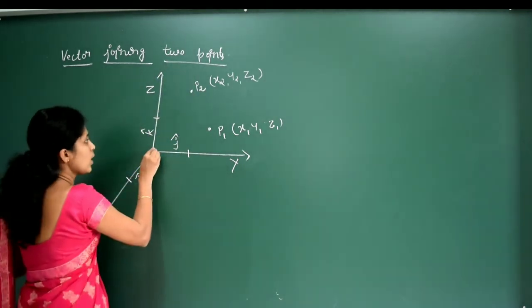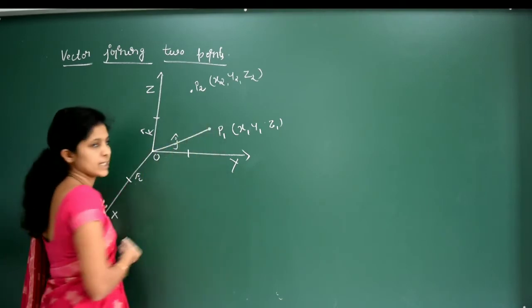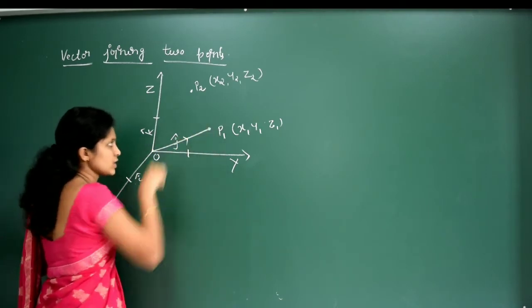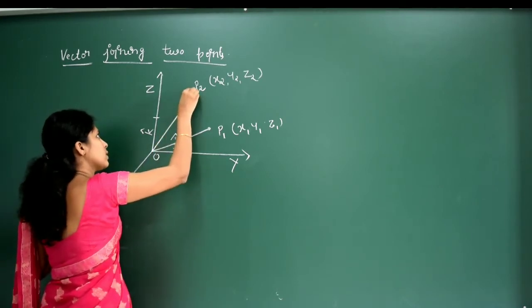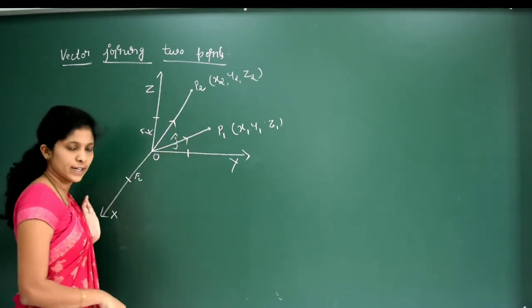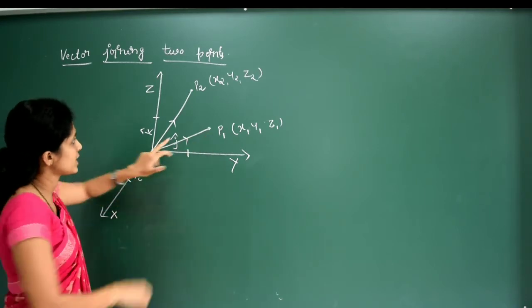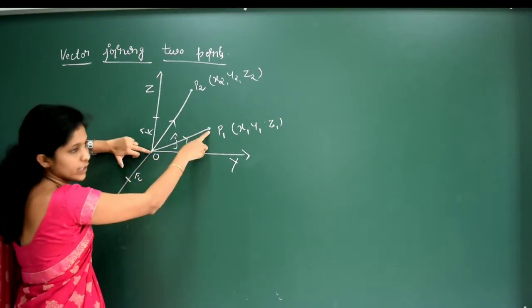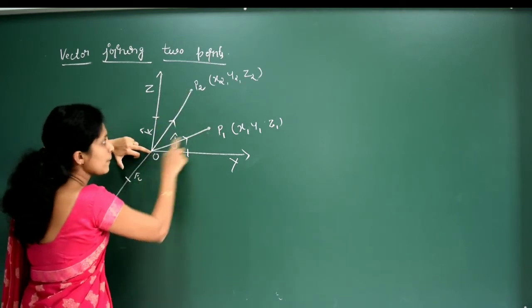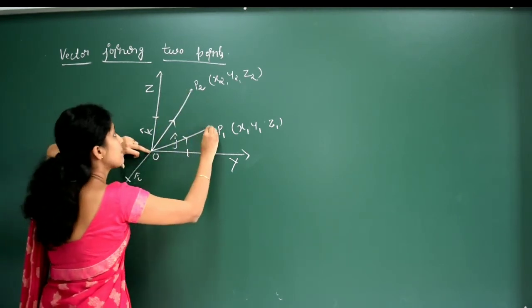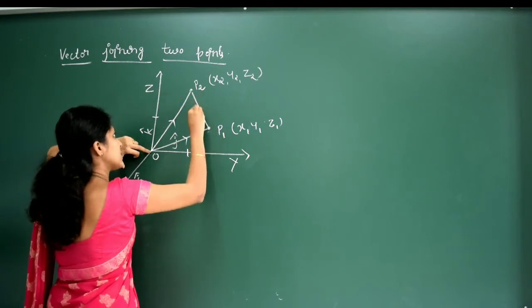Now let us join the OP1 vector. Okay, so this is in this direction, OP1 vector, and we'll join the OP2 vector. Now we have to find, see this one, OP1 vector, and here OP2 vector is there. If I write OP1 vector plus P1P2 vector, is it clear?